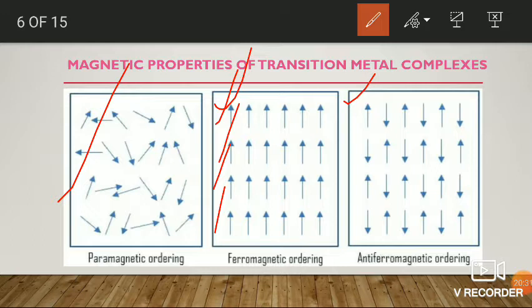In the antiferromagnetic substance, even though it contains a large number of unpaired electrons, they are arranged in antiparallel direction.